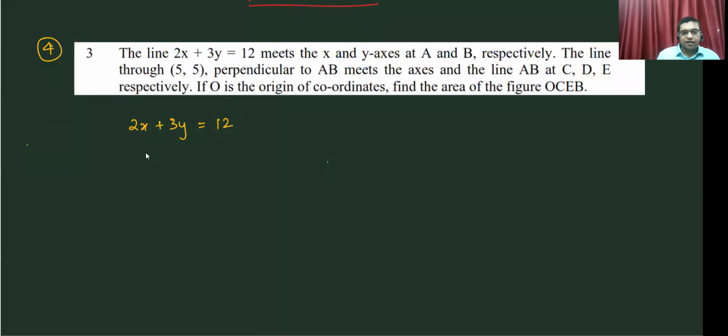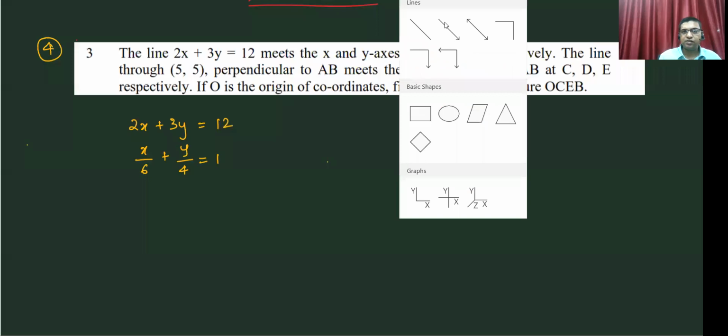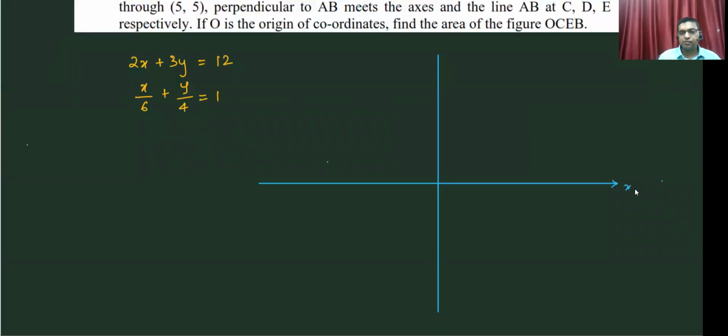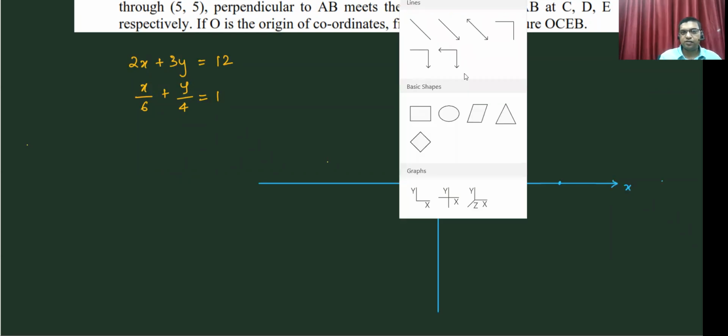All right. So say, look at this. This is 2x by 12, that is x by 6 plus 3y by 12, that is y by 4 equal to 1. So when you plot, it is 6 units on x-axis and 4 units on y-axis.